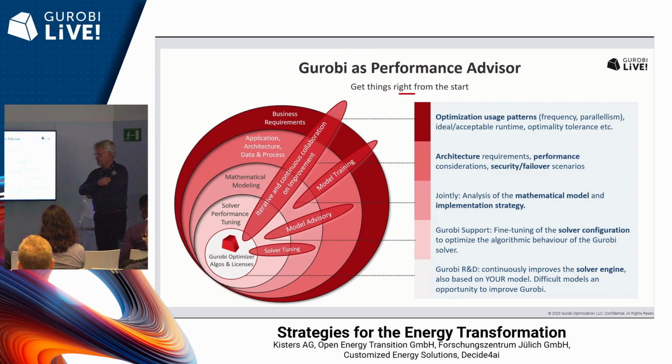Once this is done, if necessary, obviously the level of expertise on the customer side varies a bit, we can also go into a joint analysis of the mathematical model and discuss your implementation strategy. And then when you're a customer, you can be sure that Gurobi support is always there to fine-tune the algorithmic behavior so you get the best performance for your special formulation. And then I want to say that this really is not a one-way street, right?